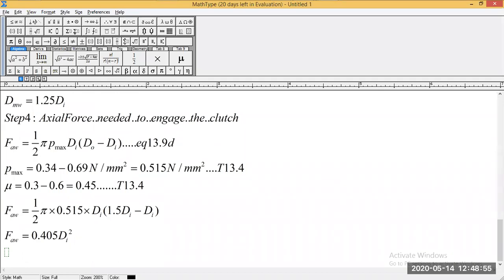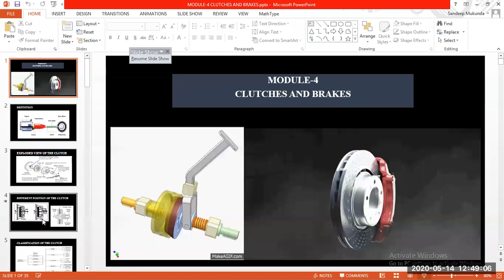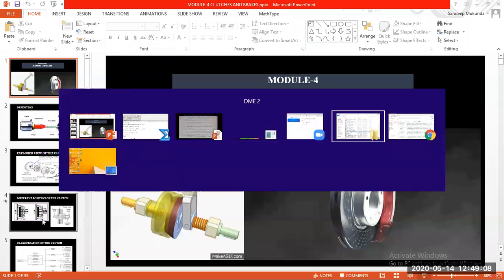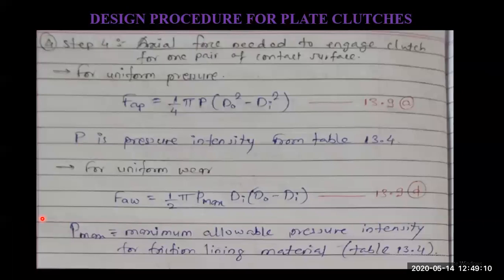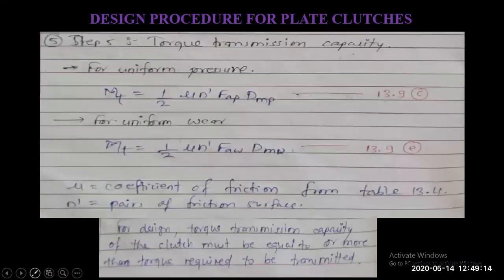Okay, next step. Step 5 is power transmission capacity, the last step before we combine the procedures and find the dimensions.